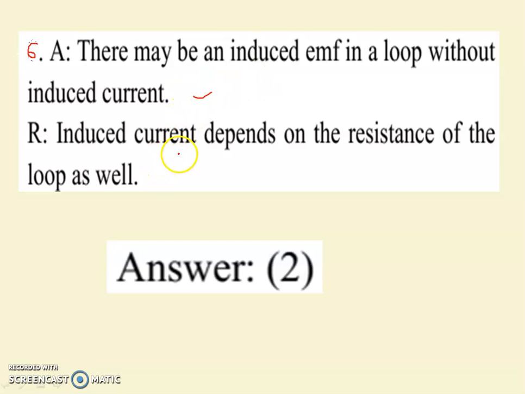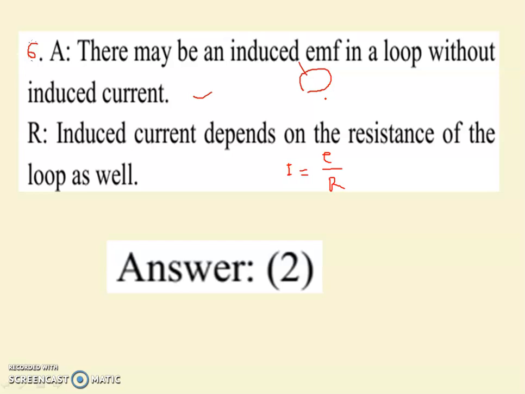But the induced current depends on the resistance of the circuit as well, since I equals E by R, right? It means current depends on the resistance. And in an open loop, there may be an induced EMF, but there will be no current, right? For the current, there should be a closed path.